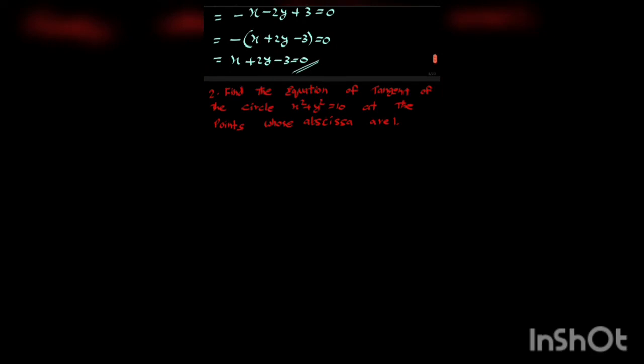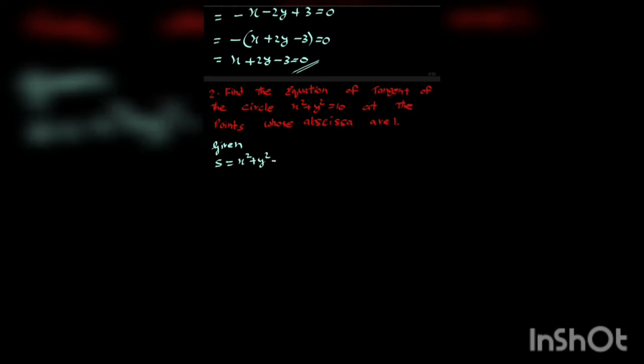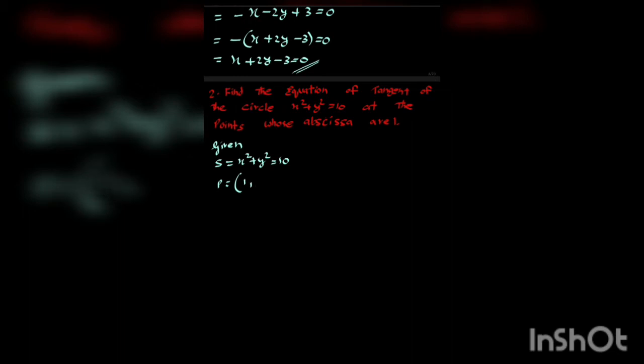So the given circle, that is S is equal to x square plus y square is equal to 10, and point P. Abscissa means it is the x-coordinate, and we have to find the ordinate, that is the y-coordinate. So let us keep y.